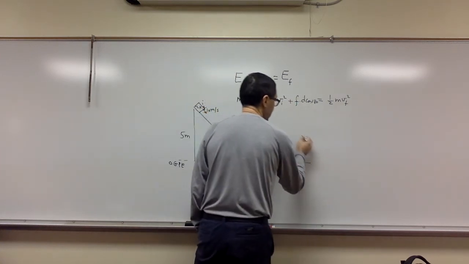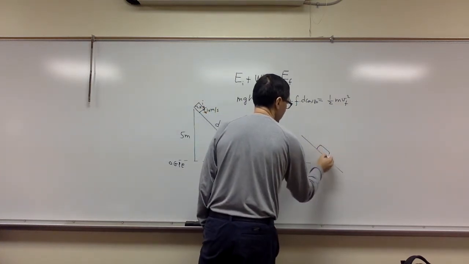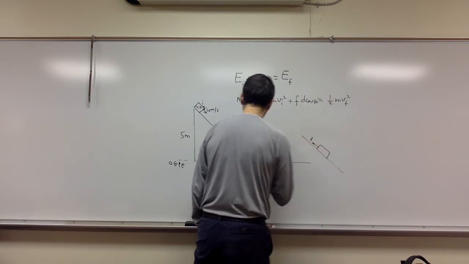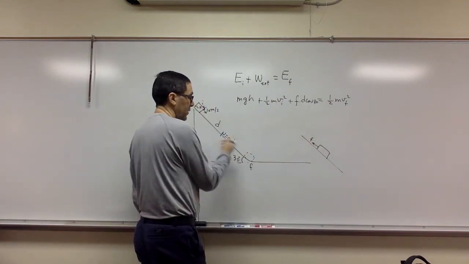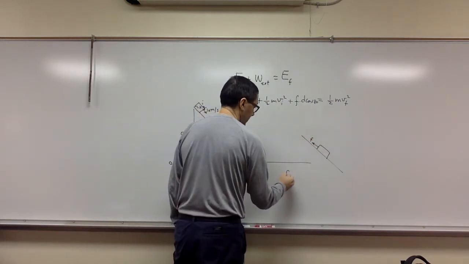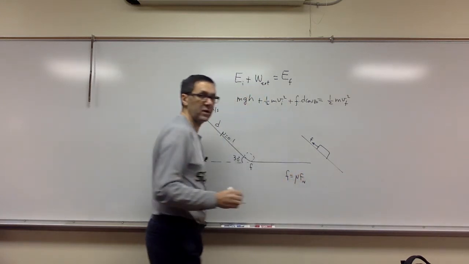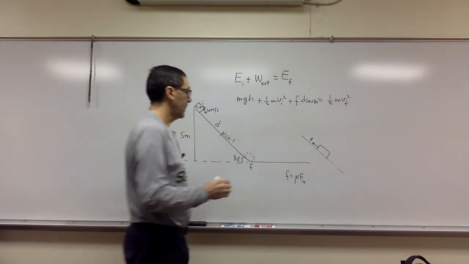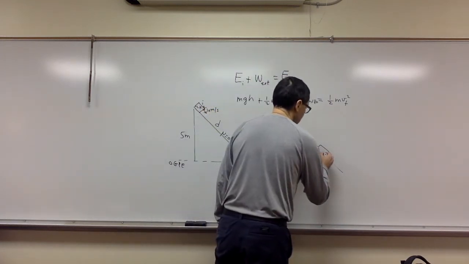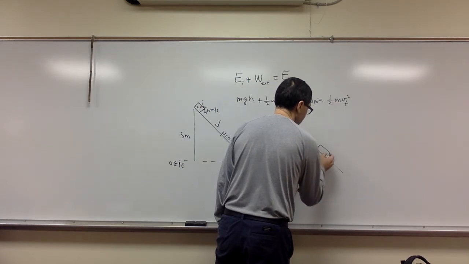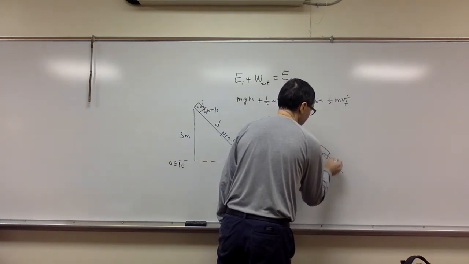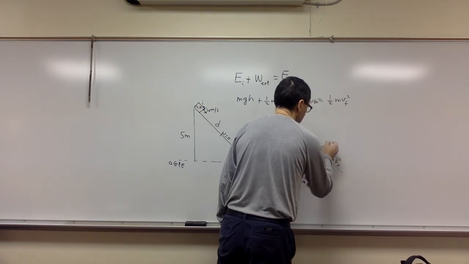Okay, so let's figure out the force of friction. If we are on a ramp like that, force of friction is this way. I'm giving you the coefficient of friction, so we use this formula: force of friction is mu times Fn. The tricky part is to figure out Fn. Okay, so these are the components. This is the F perpendicular, if you remember this from inclined planes, this is the F parallel, and this is the Fn.